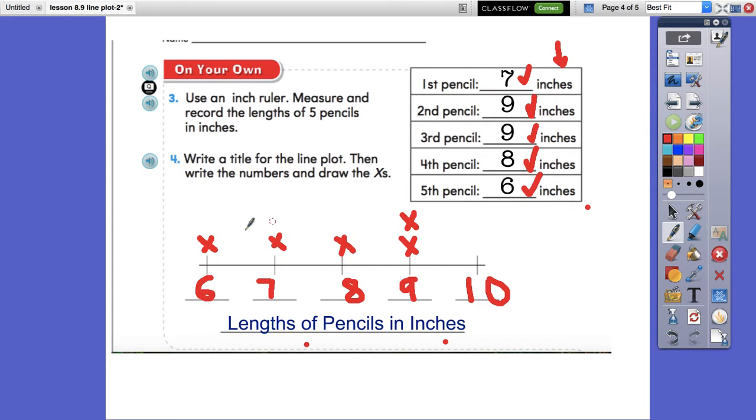You could look at your information here, which is so much easier to look at. You look at the 6 and you say, one pencil is 6 inches long. That's the shortest pencil that I have. So a line plot, again, is just a graph showing you data in a different way, and it's easier for us to read.